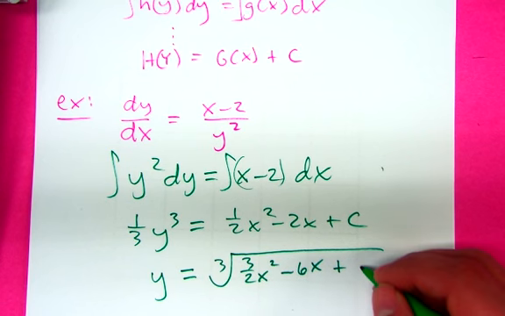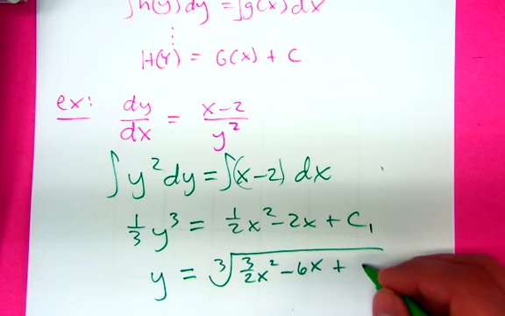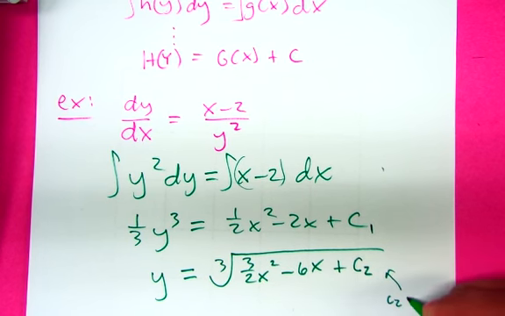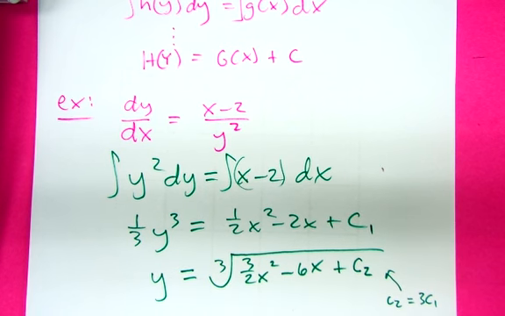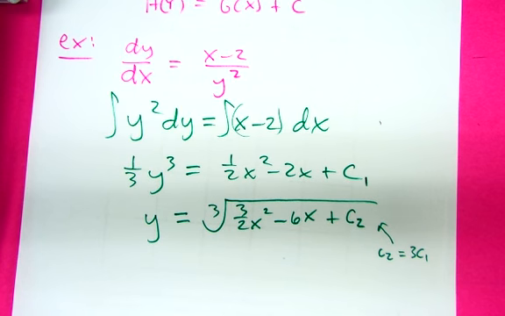Well, let's call this C1. And let's call this guy C2, where C2 is 3 times C1. I do expect you, if you have constants that become new constants, somehow to explain where that's coming from.